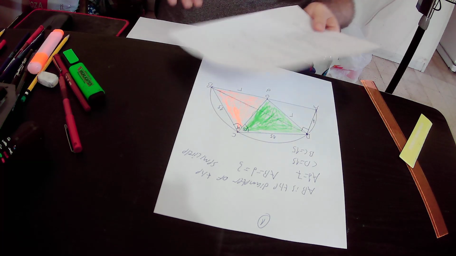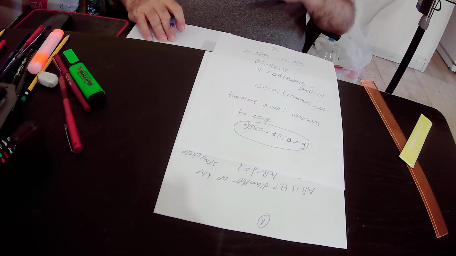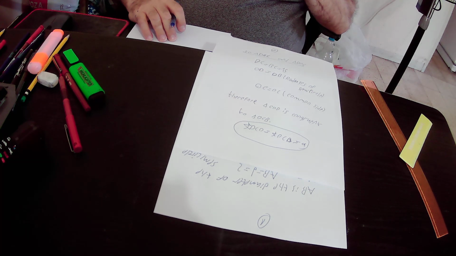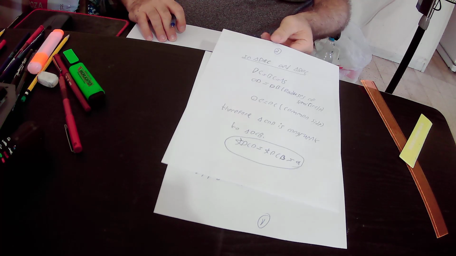So angle DCO equals angle OCB equals alpha.